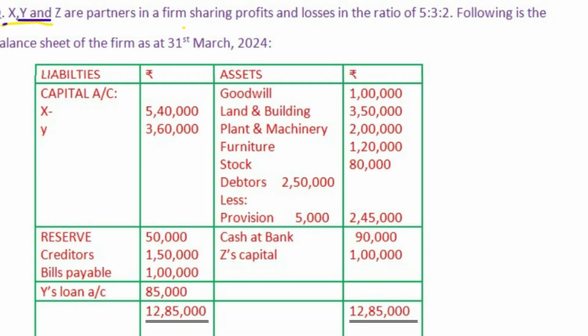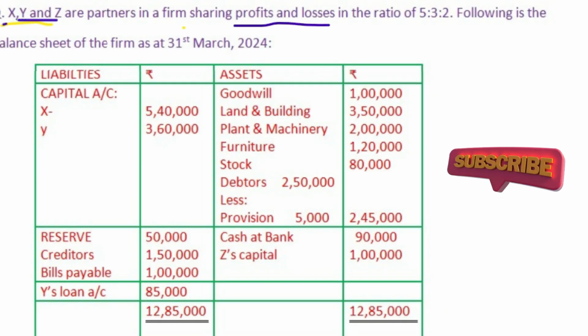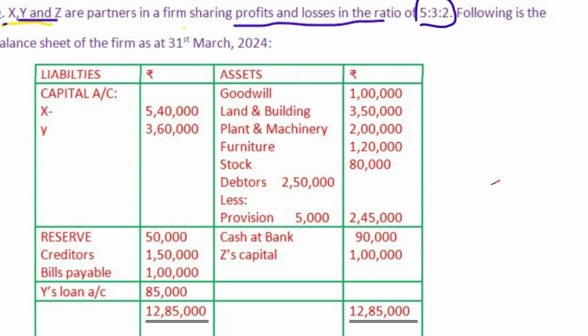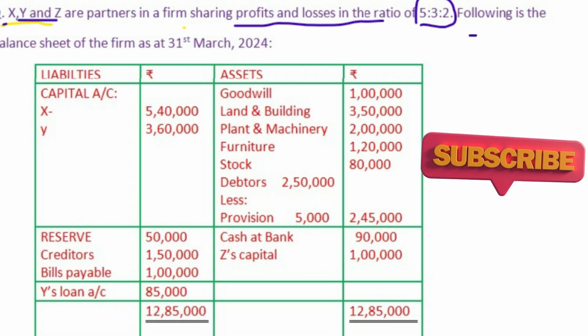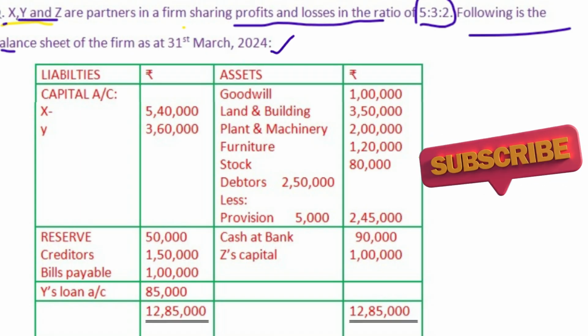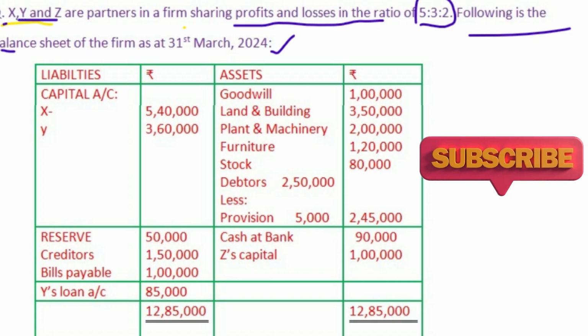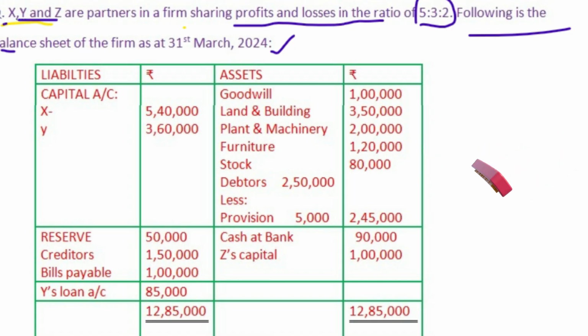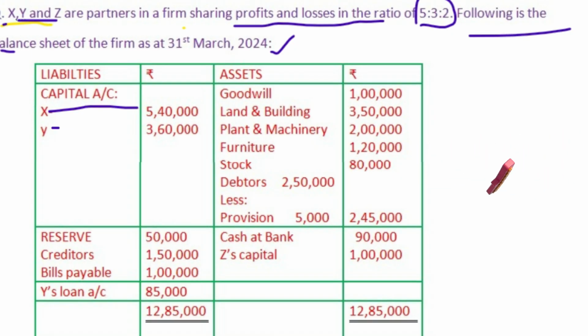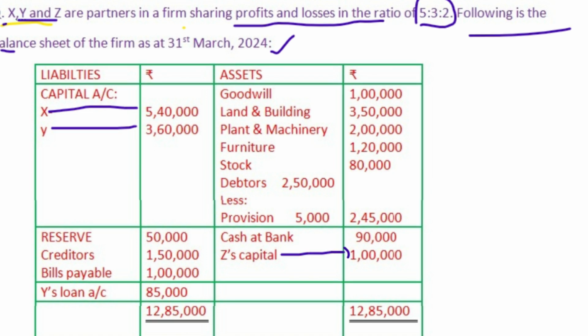X, Y and Z are partners in a firm sharing profits and losses in the ratio of 5:3:2. Following is the balance sheet of the firm as at 31st March 2024. Capital account: credit balance of partner X and credit balance of partner Y, but Z has a debit balance of 1 lakh rupees.